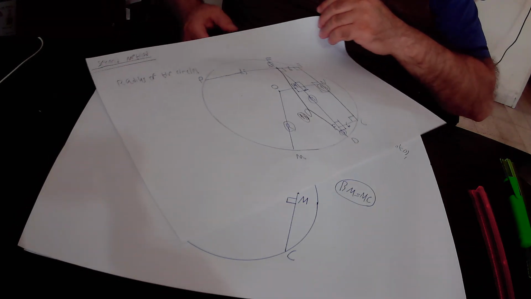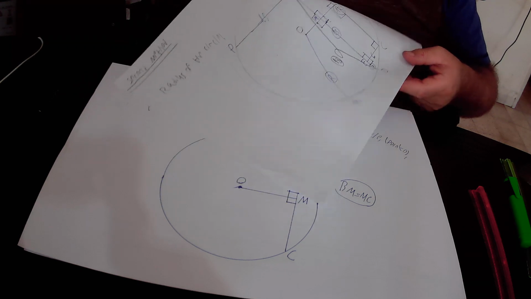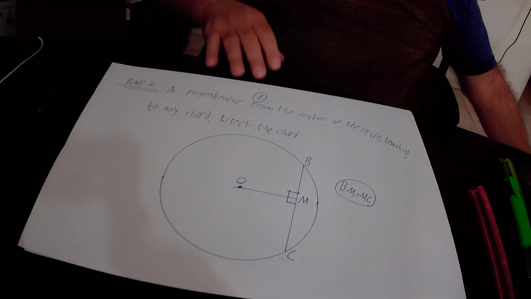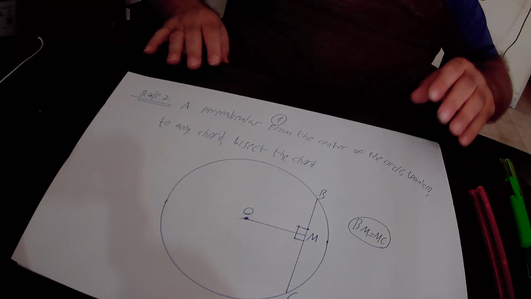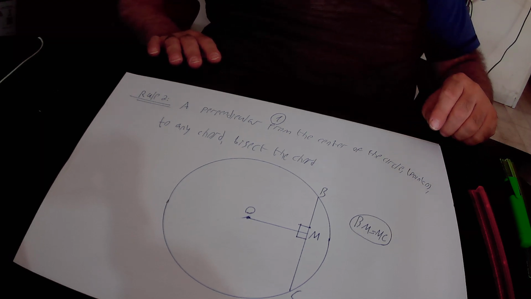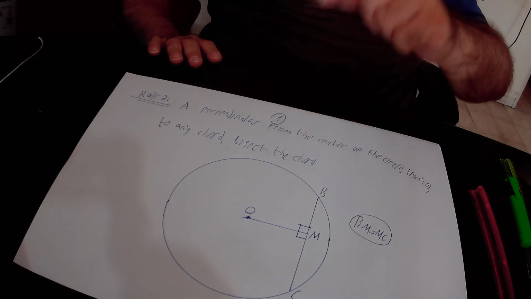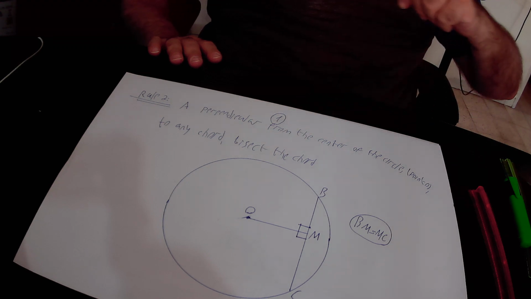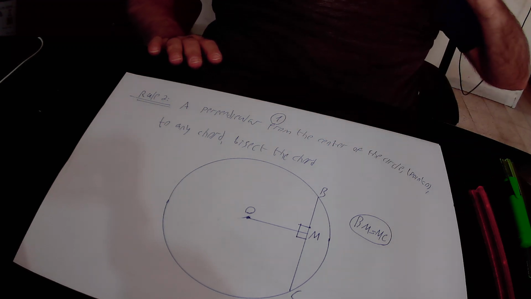Then I presented to you a new rule and we implemented the new rule in our drawing. According to rule number 2, whenever you have a perpendicular from the center of a circle to a chord, it will bisect the chord.